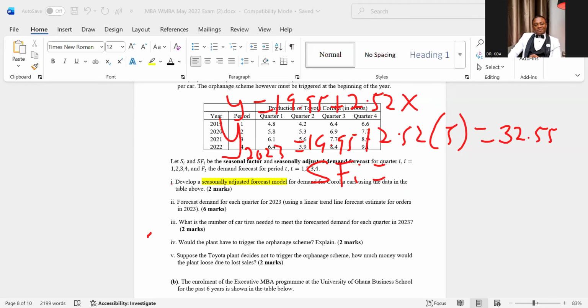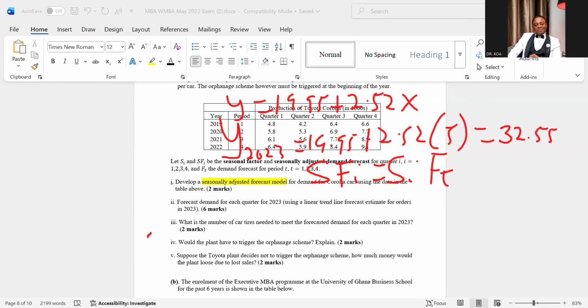It was up there. 0.22. No. The 0.22 is the S, right? Yes, sir. And then S_I times F. Yeah, that's what I'm looking for. So you got to know this formula, so that it guides you whenever you're writing.